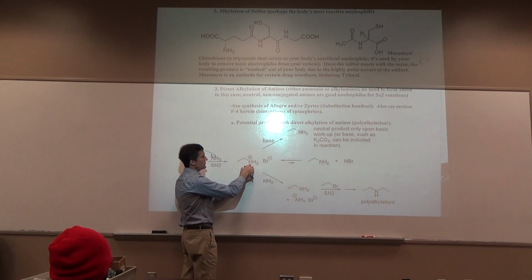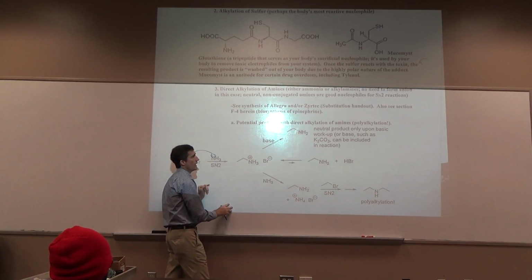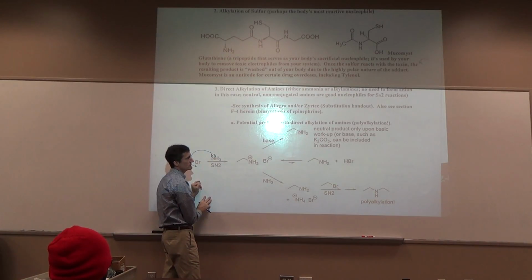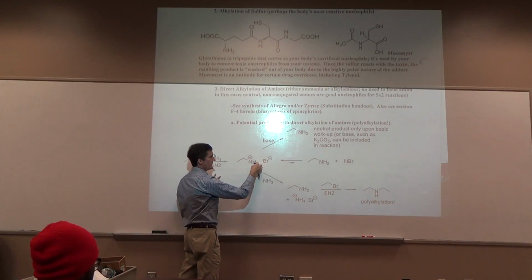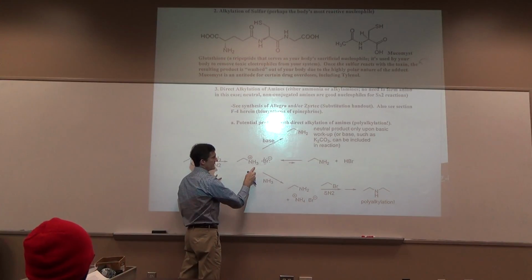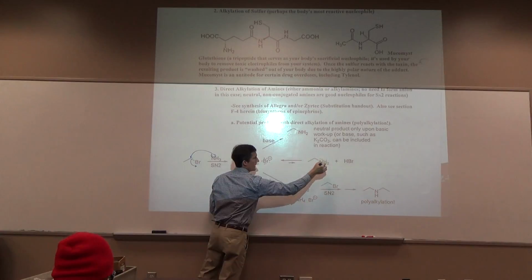And for this to become neutral, we have to lose a proton. So we actually need a base to remove the proton. Now, can Br minus remove the proton? Theoretically, it can. We can show Br minus taking the H, leaving the lone pair behind, and you would get this.